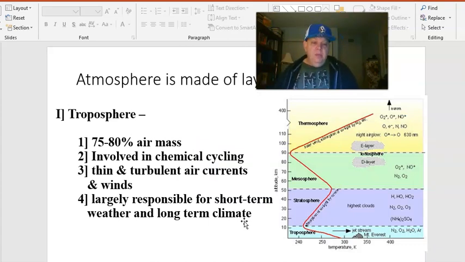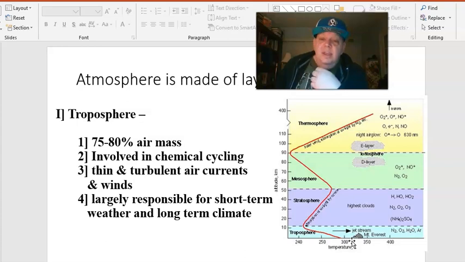This is the big one because that's the one where we are down here, and it's most of the air mass. And it's definitely involved in chemical cycling. Well, wait, what do you mean by chemical cycling? Think about the carbon cycle, the nitrogen cycle. We'll have to go back and review those again in time for the exam.